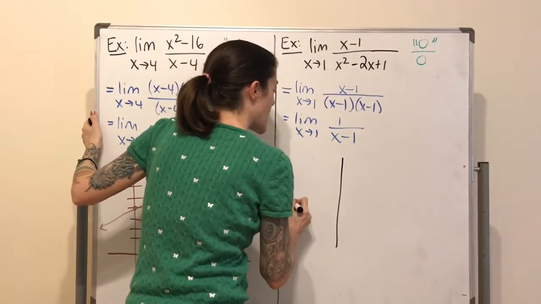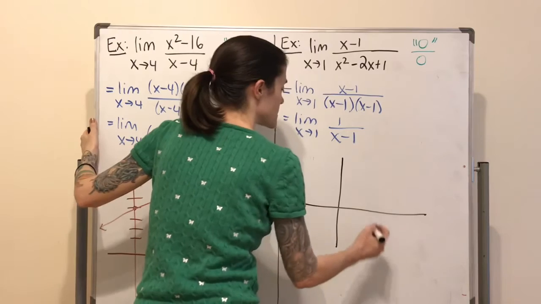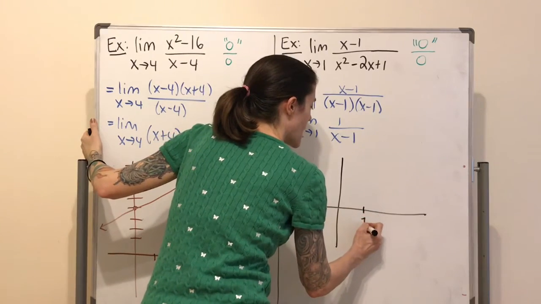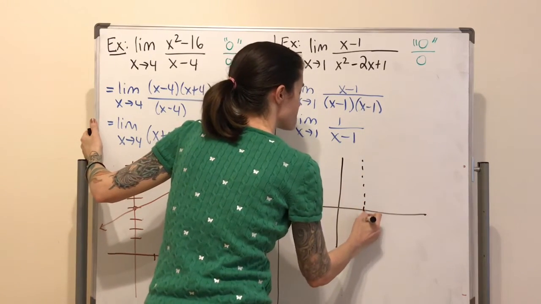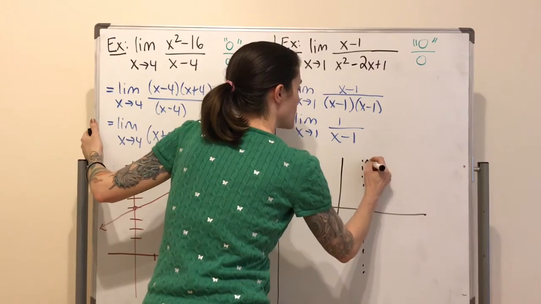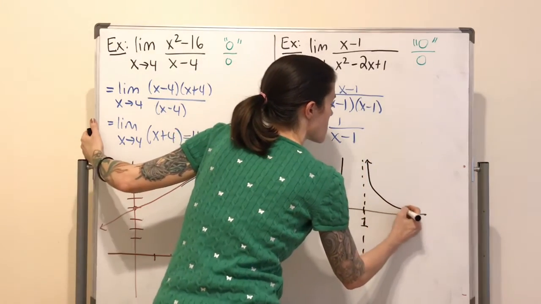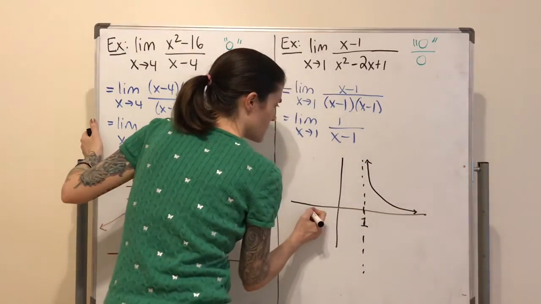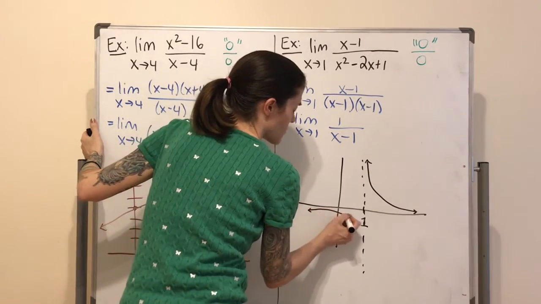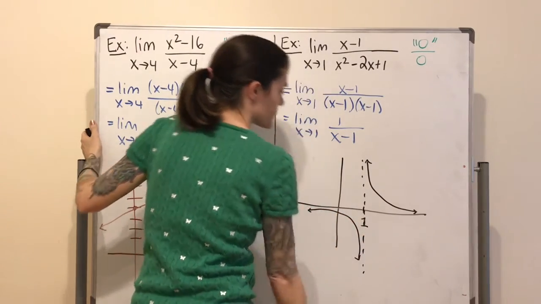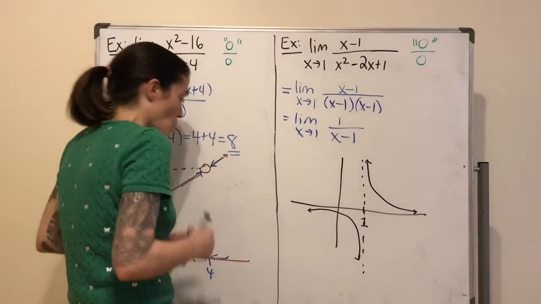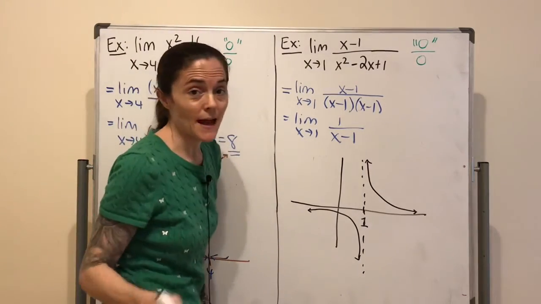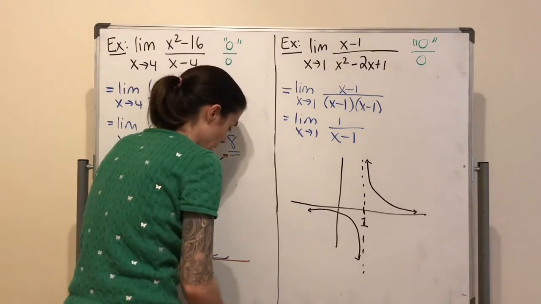So it looks like 1 over x, except we have a vertical asymptote at 1. And here. And then here. We see this limit as you approach 1 does not exist.